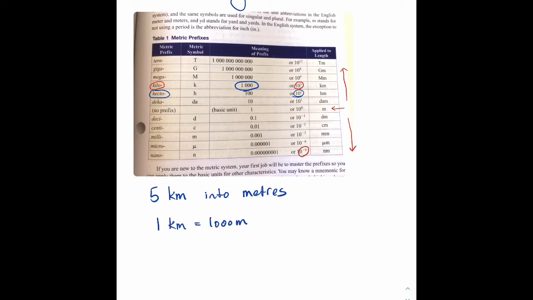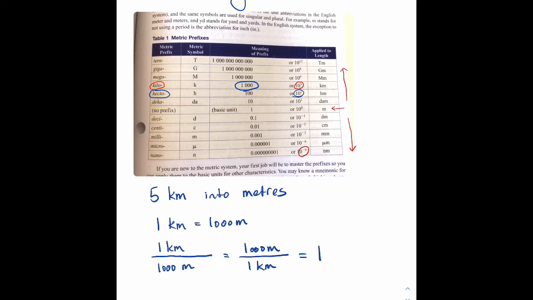And that means that I can write a fraction like this. I can write 1 kilometer on the top and 1,000 meters on the bottom. Or I can switch it and write 1,000 meters on the top, the numerator, and 1 kilometer on the bottom. And those are both equal to 1.